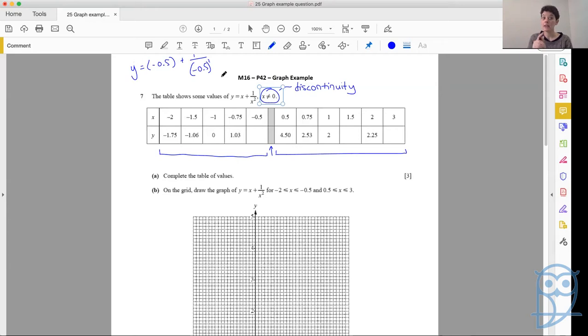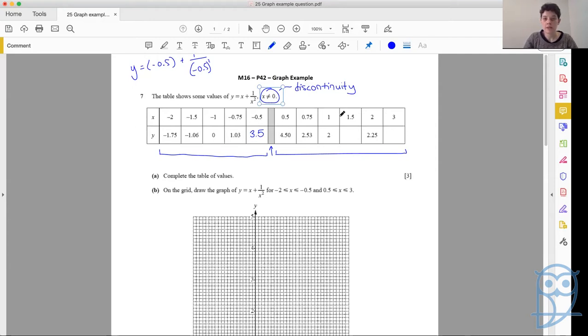Remember we do all our substitutions with brackets, because then we can protect that negative sign so that it disappears when it needs to and appears when it needs to. So the answer to this is 3.5. So when x equals -0.5, then y equals 3.5.